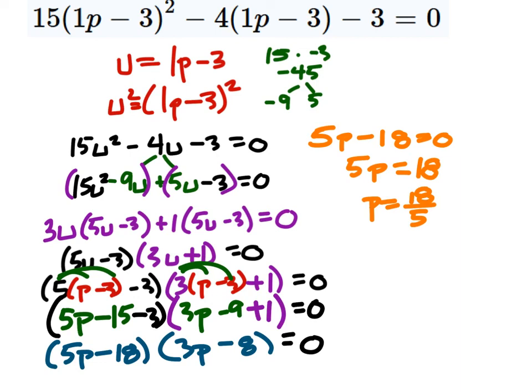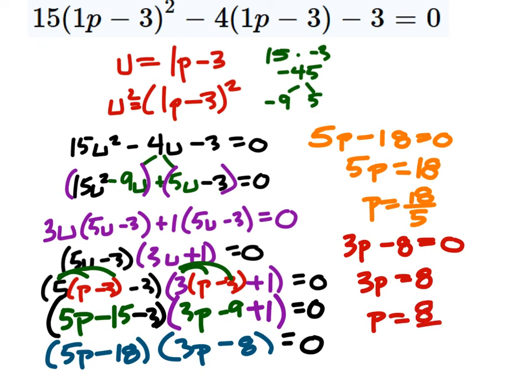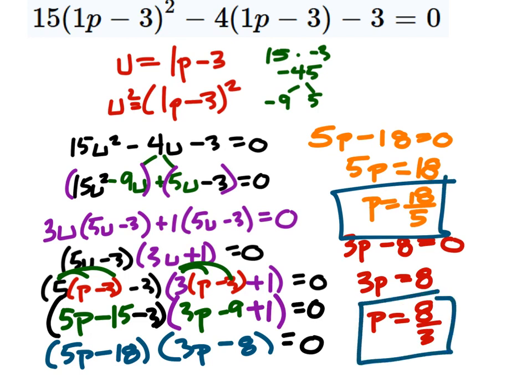And then also, if we can get that 3p minus 8 to equal 0, that'd be good. It gives us a true statement. So add 8 to both sides, and 3p equals 8. Now divide both sides by 3, and p is 8/3. There we go. Now again, we should check, right?